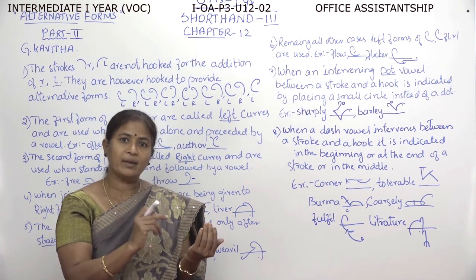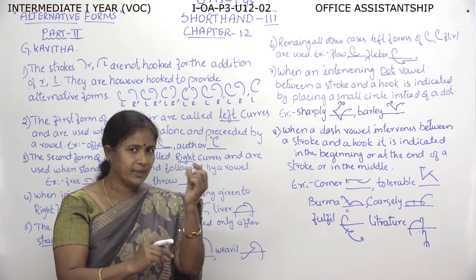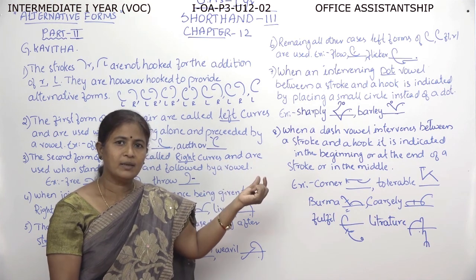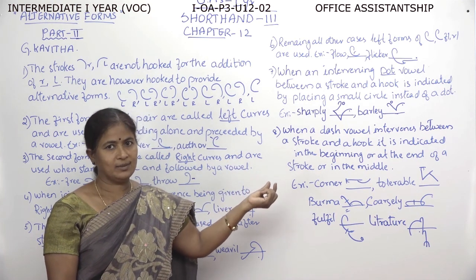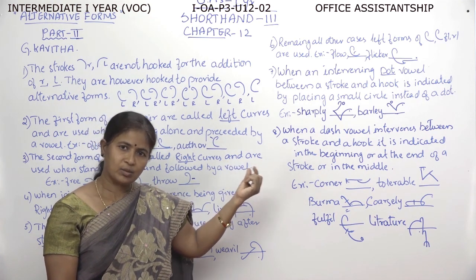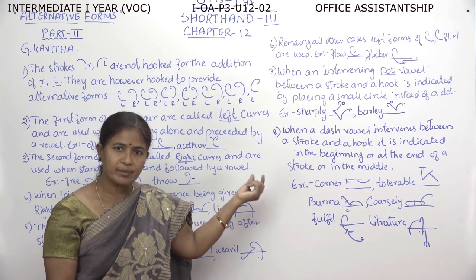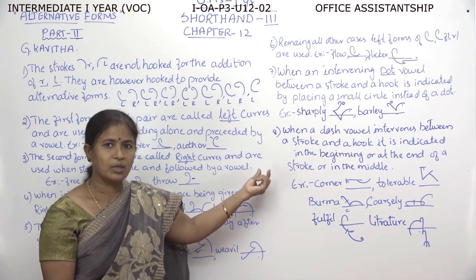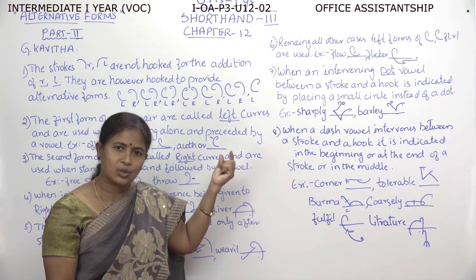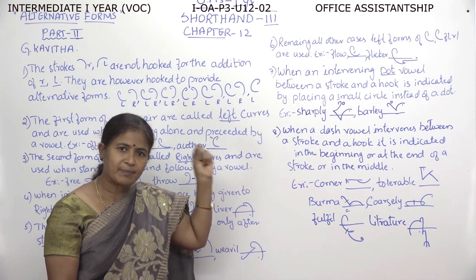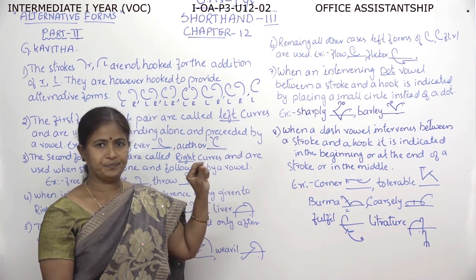But in between, if they come in between a stroke and a hook, any vowel, either dot vowel, first place, second place or third place, or dash vowel, if it comes between a stroke and a hook, it is placed. If it is a dot vowel, a small circle is placed instead of a vowel.